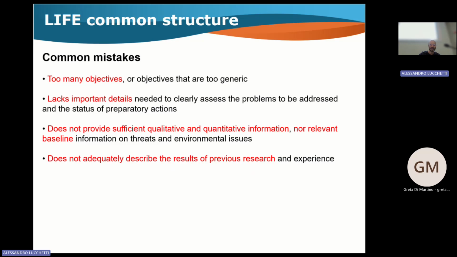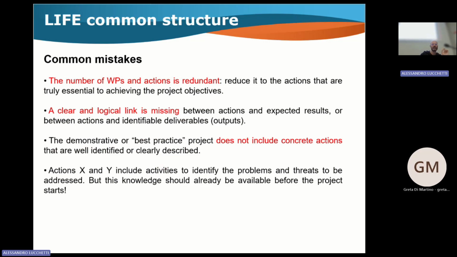Okay, common mistakes: too many objectives, lack of important details, not providing sufficient qualitative and quantitative information, not describing the results of previous research. You have to base the project on previous research.